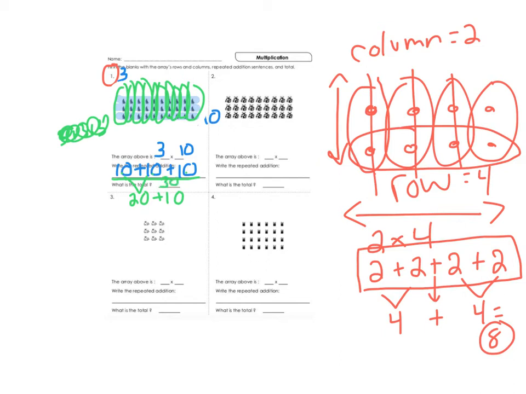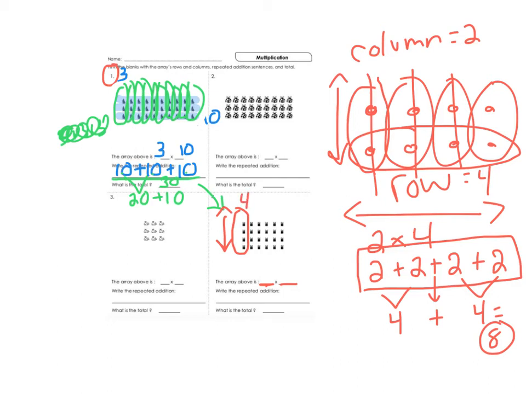Okay, let's try another example with this one down here where we have some space. Again, it says the array above is blank times blank. So let's see how many is in the column. Columns go up and down. The column has 1, 2, 3, 4.